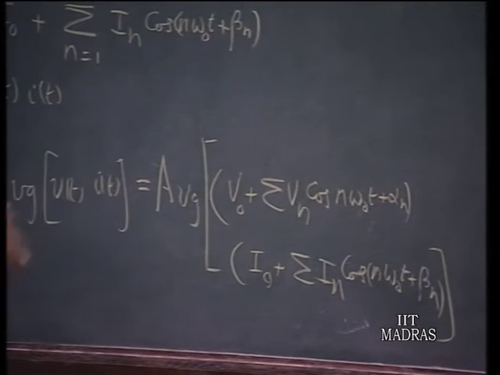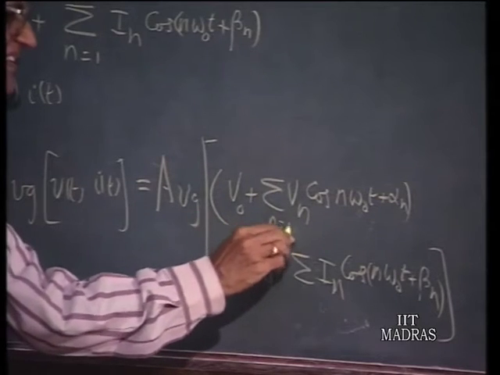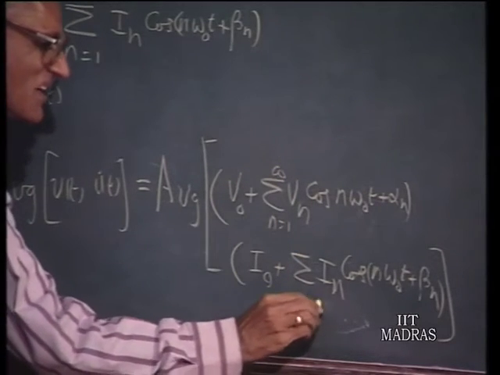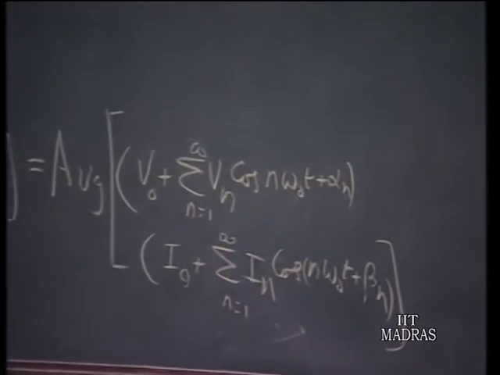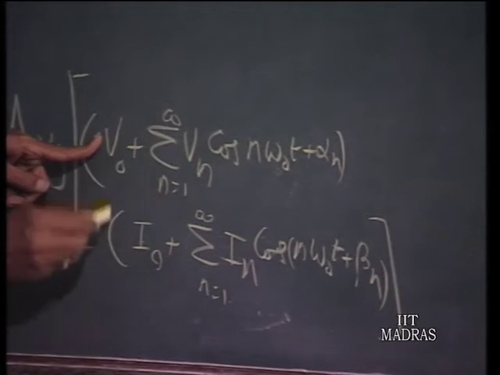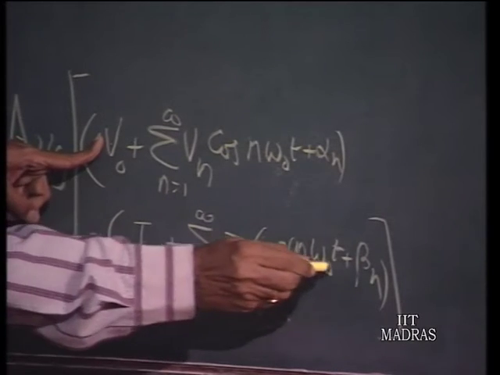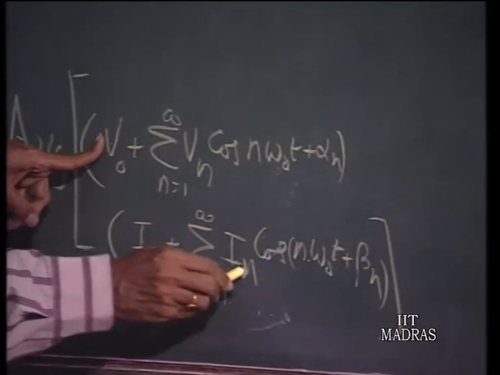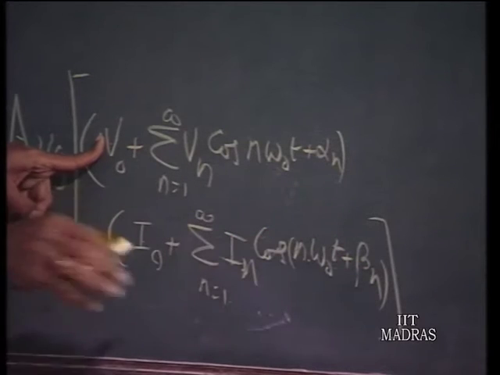Now when you look at this, you have a whole lot of terms here. But luckily for us, we are interested only in the average of the sum of these terms. So you notice that V naught gets multiplied with I naught, and with I1 cos(omega naught t plus beta 1), I2 cos(2 omega naught t plus beta 2) and so on.